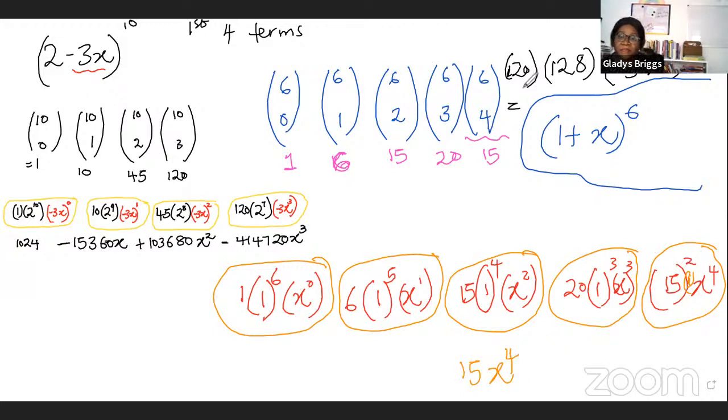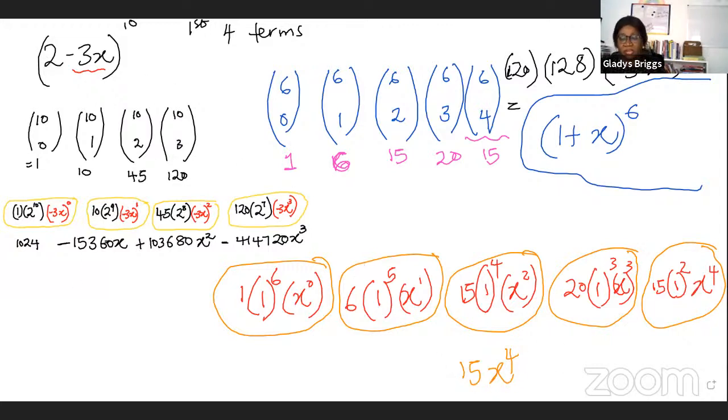Sorry, I think that's a little bit too crammed up there. So this is 15 times 1 to the power of 2 times x to the power of 4. Yeah, 20 times 1 to the power of 3, x to the power of 3. Yeah, so that's fine now. Okay, so that looks all right.